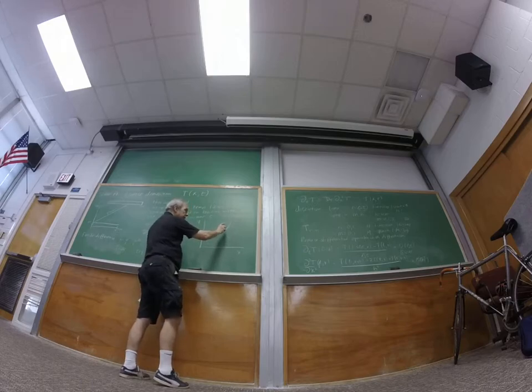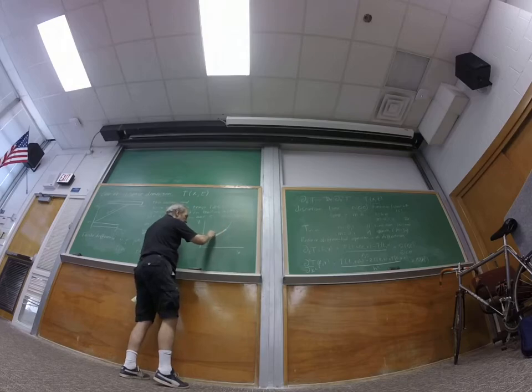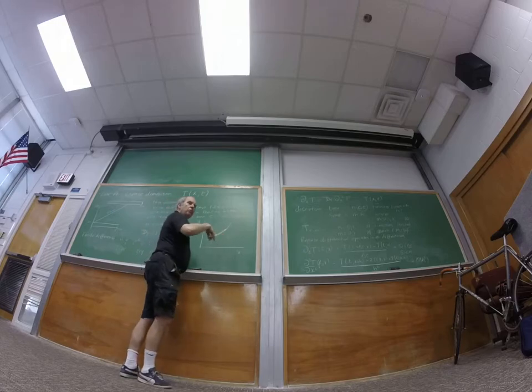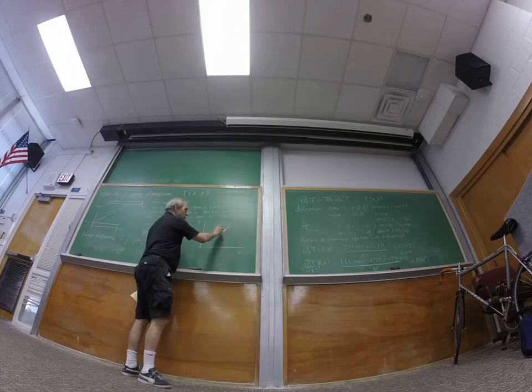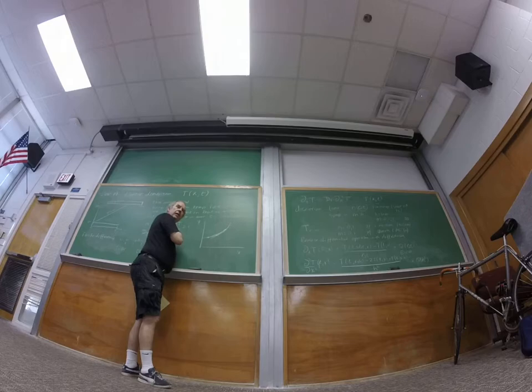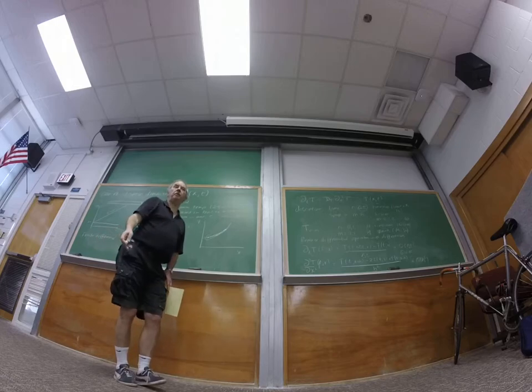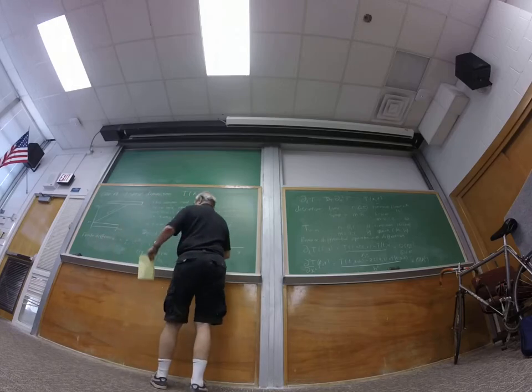Now, if instead I take this point minus this point, then that secant slope is much closer to the tangent at this point. So what I did last week was I took this point minus this point as the approximation to the tangent here. What I'm doing now is taking this point minus this point as the approximation to the tangent. It's not as good, but it saves me having to keep this point, which is now a whole field, not a single point. So that's why we're going to do that.